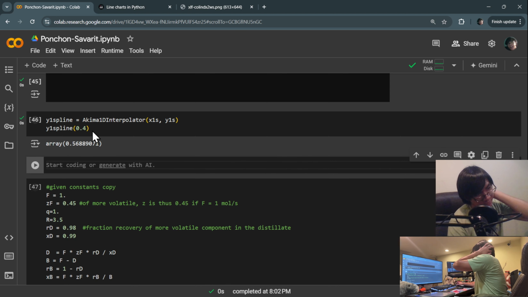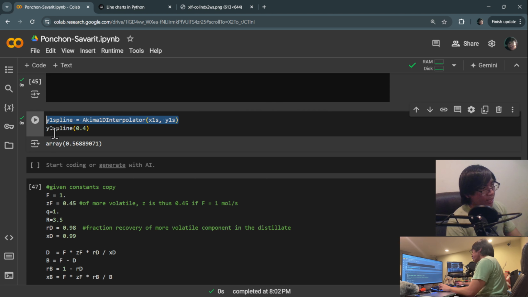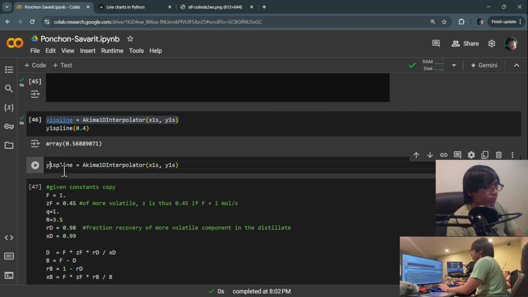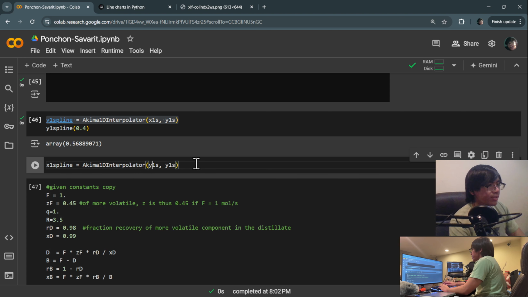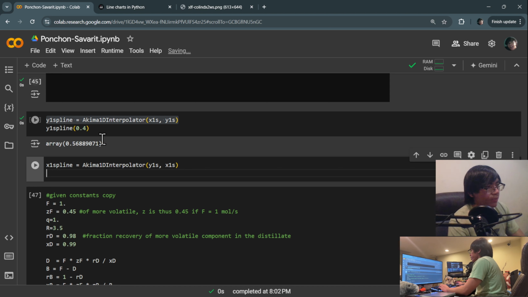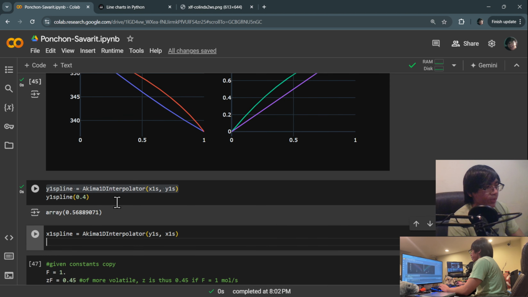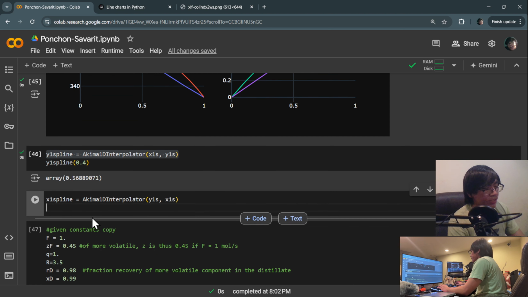So it's the exact same idea. Given a, so this will be an x1 spline. Given the set of y's, give me the x corresponding to it based on our data that we used earlier. Again, the binary xy diagram, that's the exact same data that we're interpolating from.